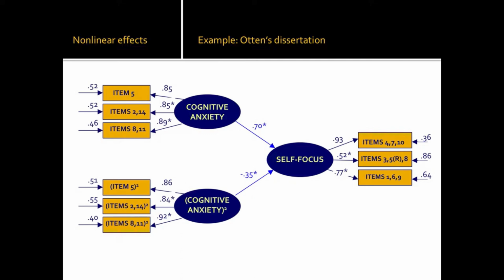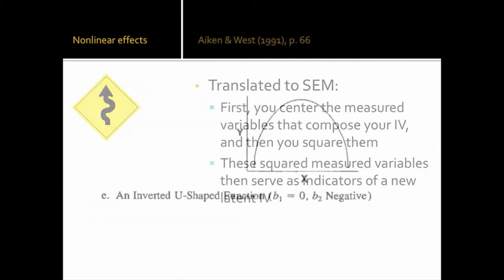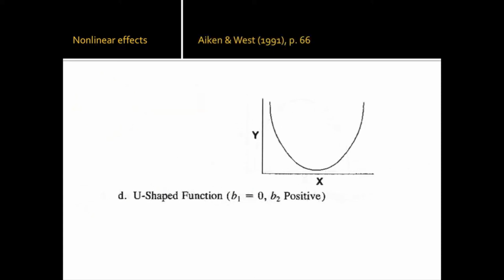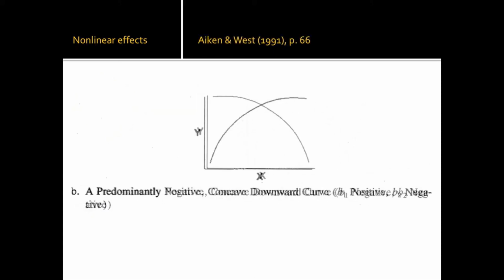And we got a negative 0.35. So we had a positive B1, or linear relationship, and a negative B2, or nonlinear relationship. If we go back, positive B1 and negative B2, where are we? We are over here. This is your concave downward curve, like the first half of the inverted U that was hypothesized.